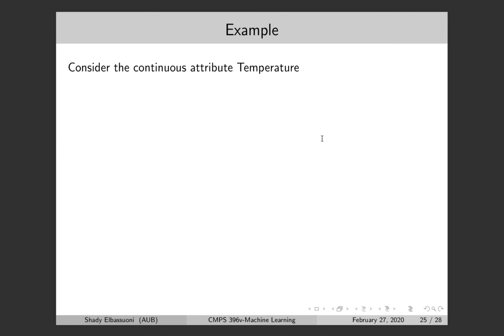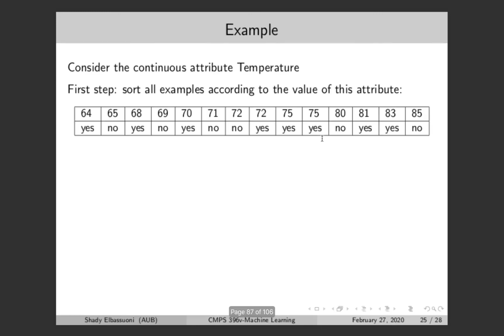So temperature is a continuous attribute, as we know. So the first step is to sort all examples according to the value of this attribute. So I sort them in this table based on temperature, and I have the label of every instance.